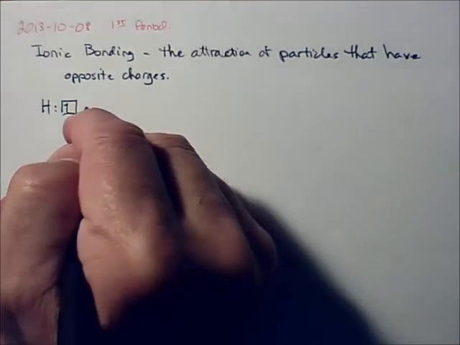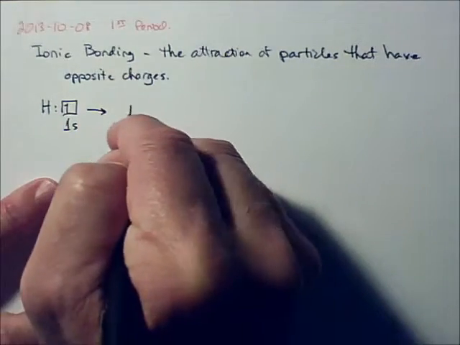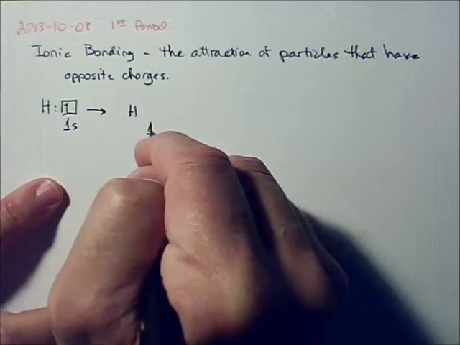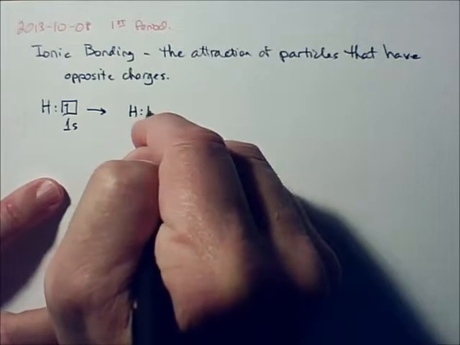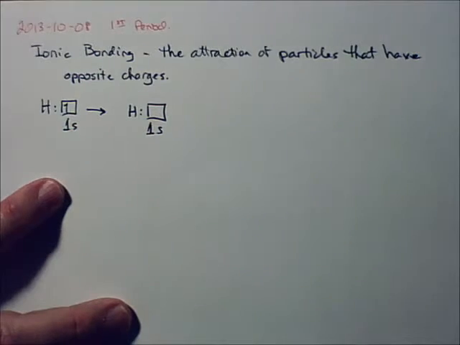So when we ionize hydrogen, what we get is basically an empty orbital. If I get rid of the electron, which is negative, I have one proton in the nucleus, no electrons.